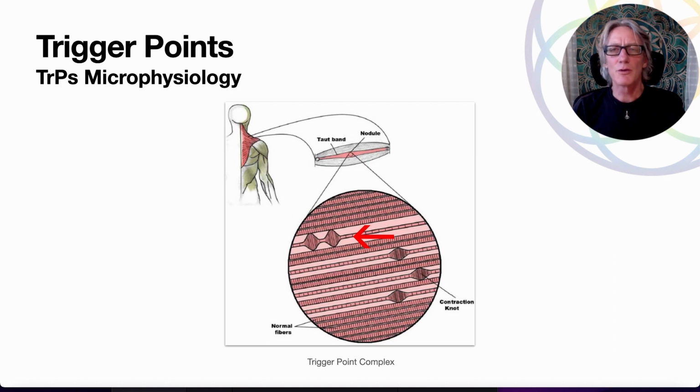So muscle fibers, in order to do work when the motor nerve says contract and move this joint, need a round of energy, of ATP, in order to contract and contribute to moving that joint. They also need another round of ATP in order to reset and get ready to contract again.